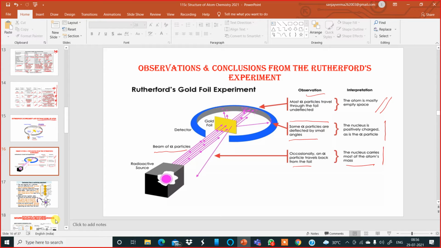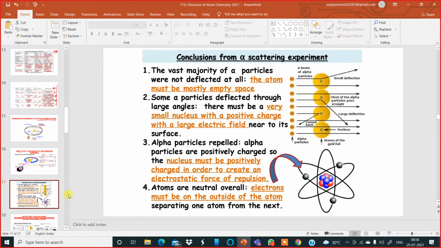So these were the observations and conclusions drawn from Rutherford's experiment towards the discovery of the nuclear model of an atom. Now, moving further to the more detailed conclusions from the alpha scattering experiment.